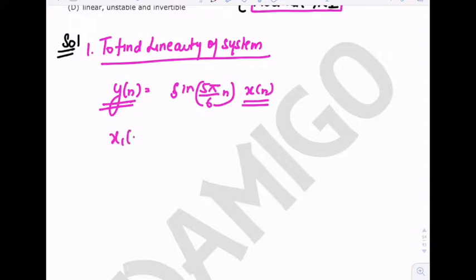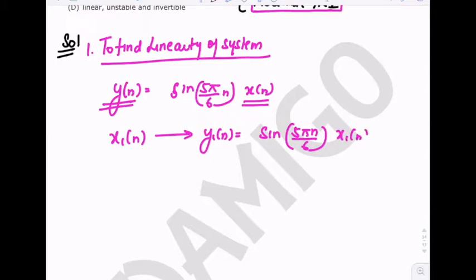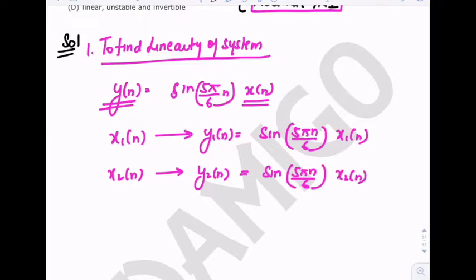So for x1[n], output y1[n] will be equal to sin(5 pi n by 6) times x1[n]. For x2[n], the output y2[n] will be equal to sin(5 pi n by 6) times x2[n]. Now let the input be a x1[n] plus b x2[n].